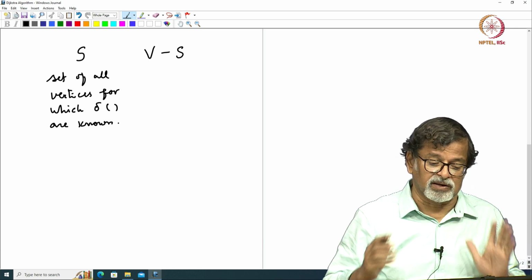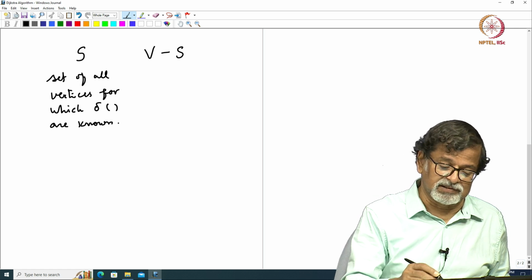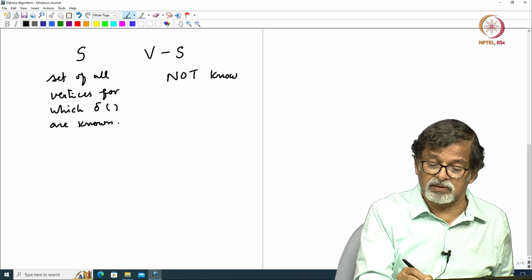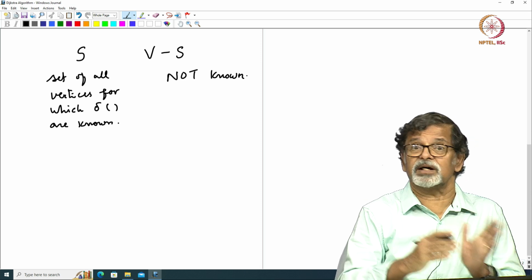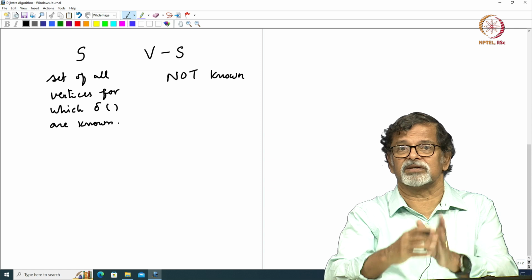Such vertices are maintained in the set S. The other vertices, I do not know the shortest path weights for these vertices.